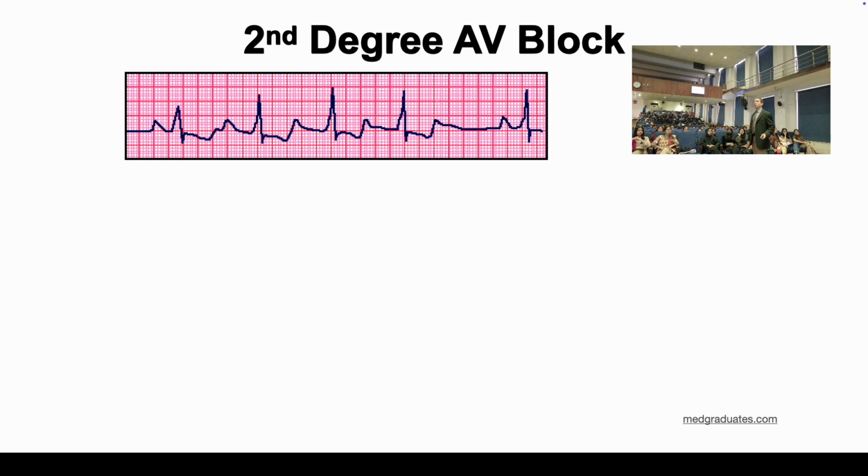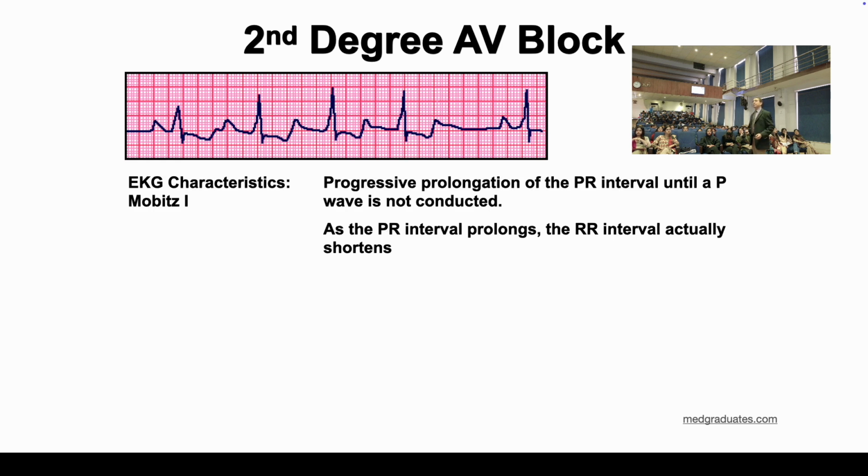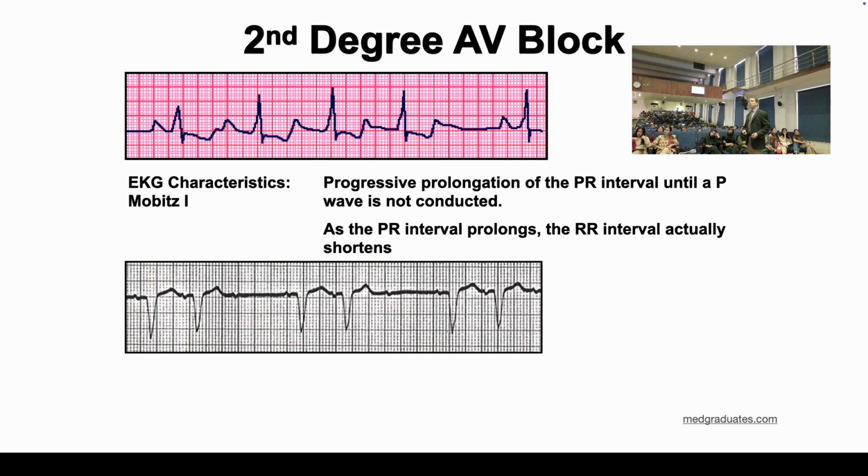It's also called Wenckebach phenomenon. Mobitz type 1, progressive prolongation of the PR interval until a P wave is not conducted. And as the PR interval prolongs, the RR interval actually shortens. So this becomes shorter and shorter.